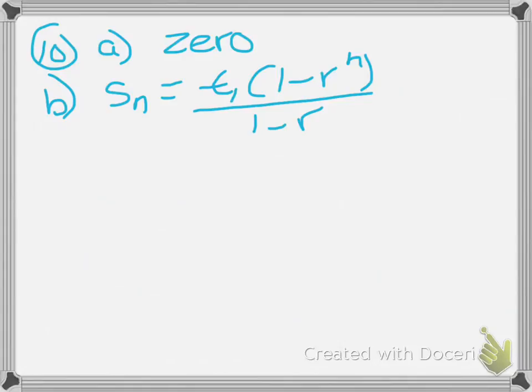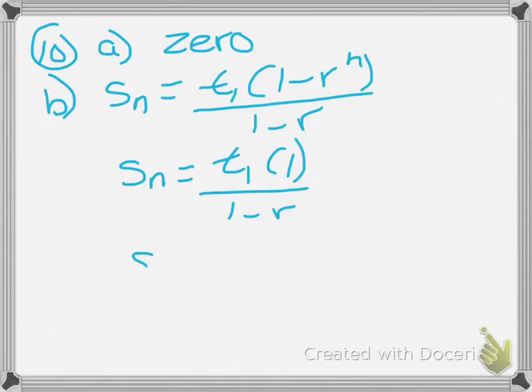And since r to the power of n approaches 0, then 1 minus r to the power of n approaches 1. So we can modify our formula so that S sub n is equivalent to our first term times 1, because we know that it's approaching 1, divided by 1 minus r.